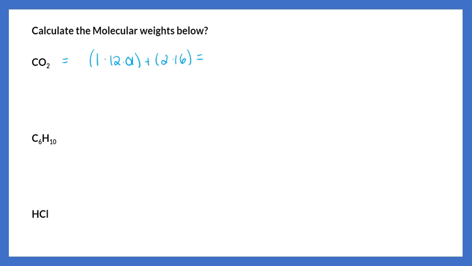We have 1 times 12.01 plus 2 times 16. So that equals 44.01 grams per mole. Okay, let's do the next one.